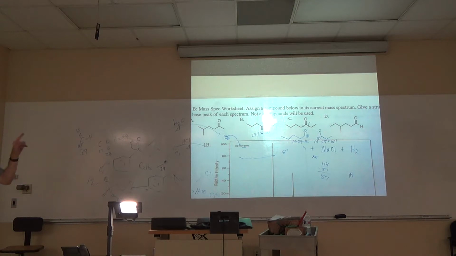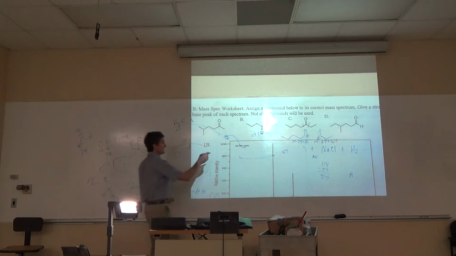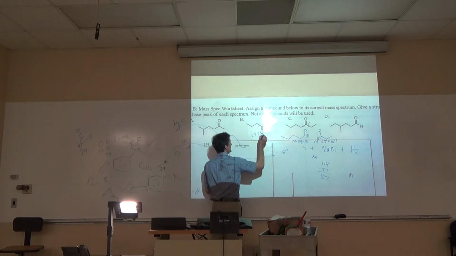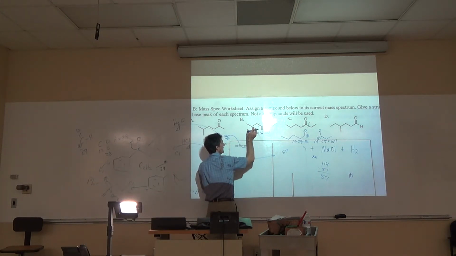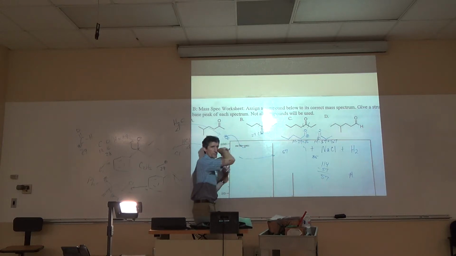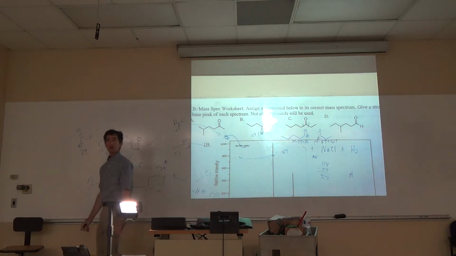The second spectrum looks like compound C, Charlie. This compound, you cleave on either side, you're going to get the same acylium ion. Loss of a propyl, which is 43.